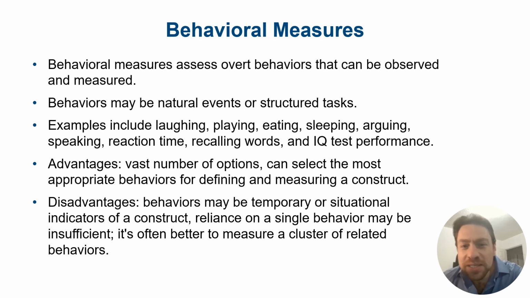We can shift into many different modes and play many different roles, each having its own unique repertoire of behaviors. So it is not clear the extent to which any one behavior really reflects the underlying construct. So for this reason and others, it is often better to measure clusters of related behaviors as opposed to just one if the situation permits.